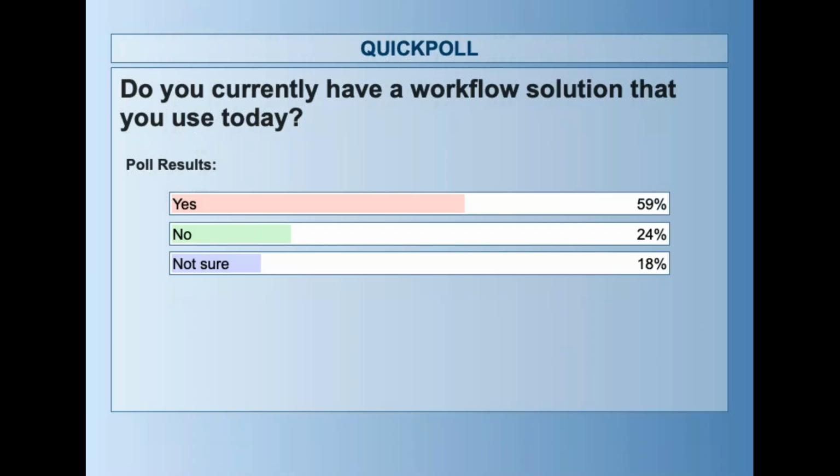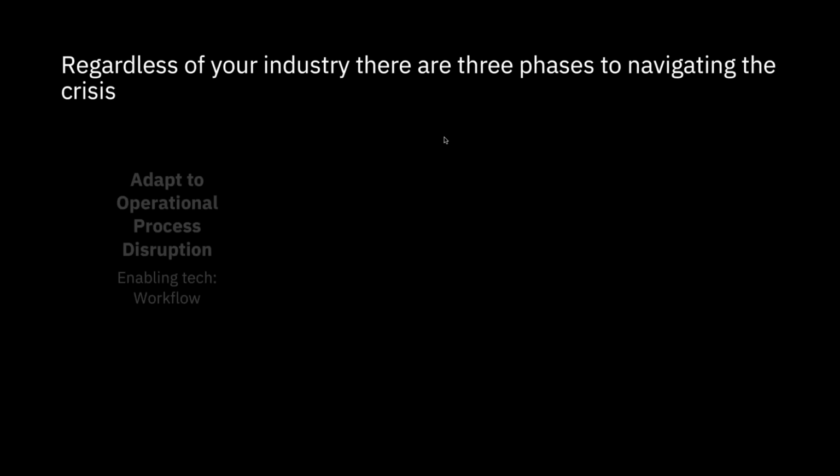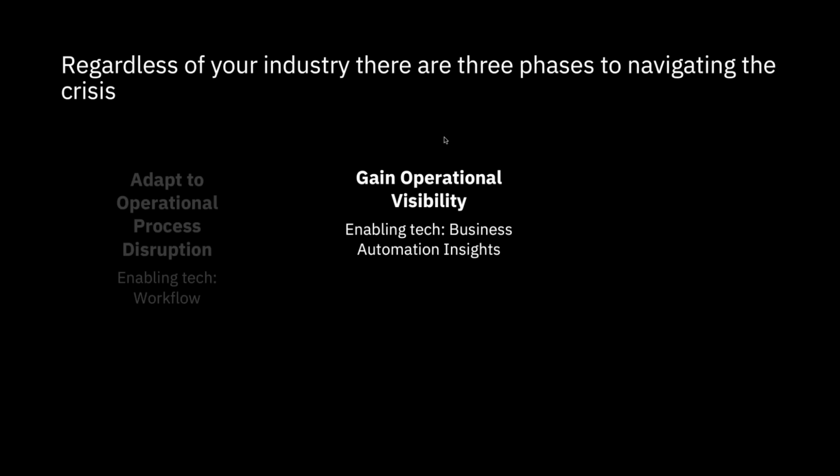All right, so good. The majority of folks do have one in place, it looks like, with about 24% with no, and then about 20% not sure. So thanks for the feedback on that. And then taking it to the next step, going from what workflow is and how it can help to, how do we start to get better visibility into this?